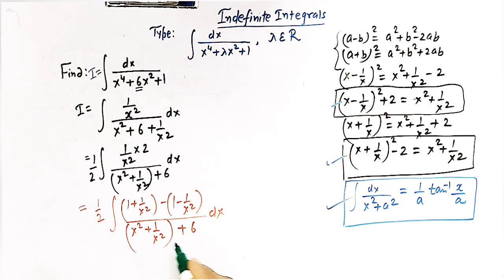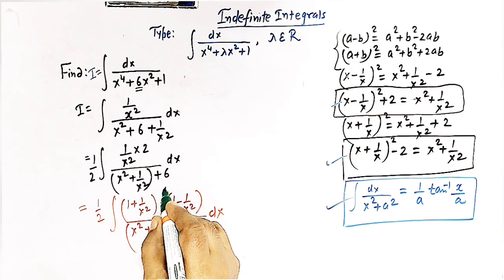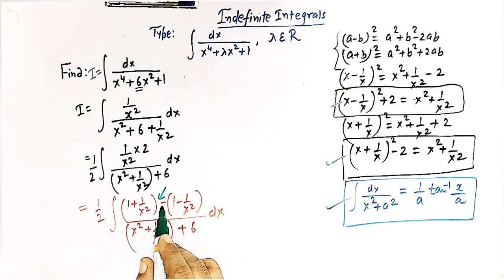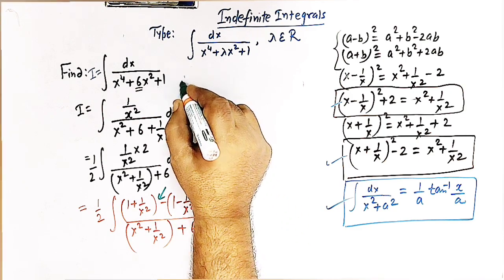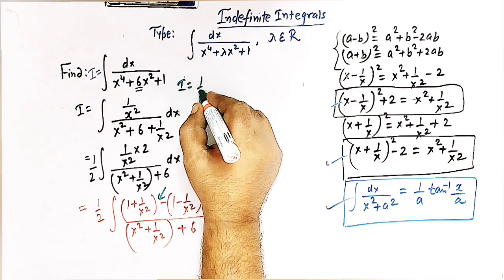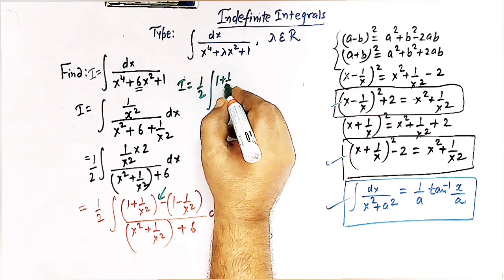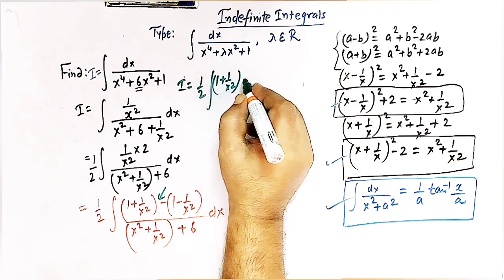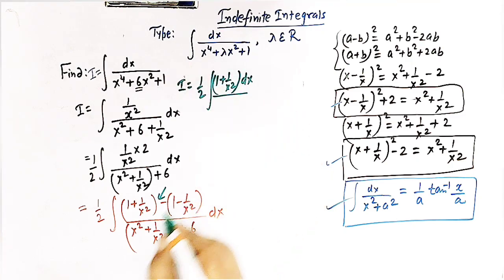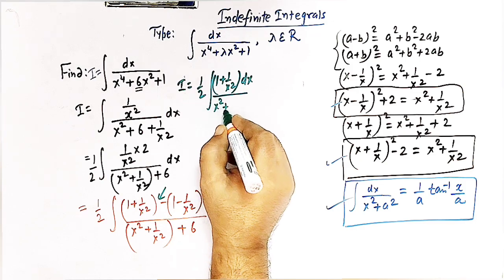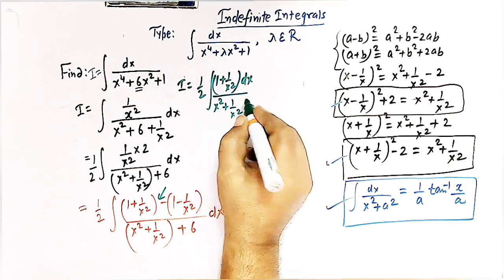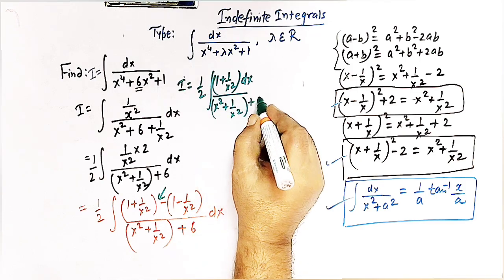So now the next step is to split this integral as a difference of two integrals, right? So here we'll split this integral at this negative sign, that is, we'll write I is equal to half, then we have (1 + 1/x²) dx, in the denominator we have x² + 1/x² + 6.